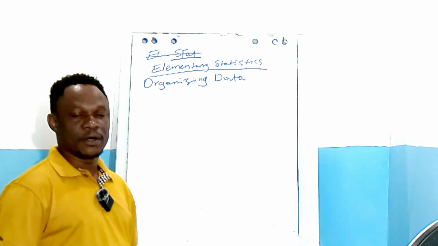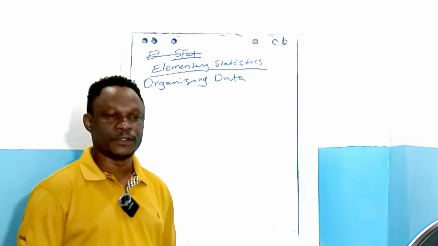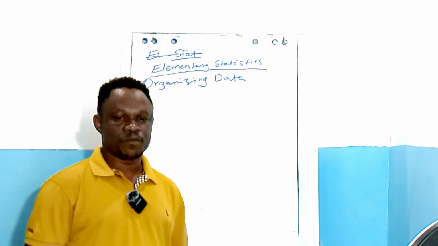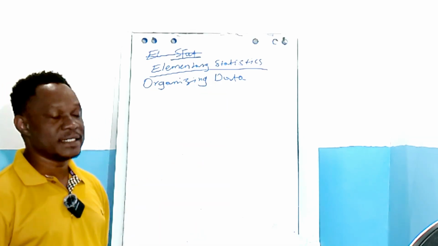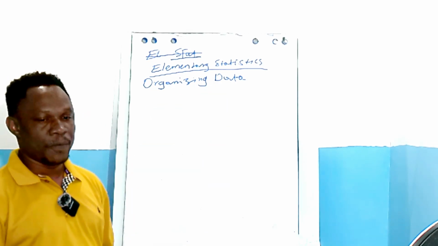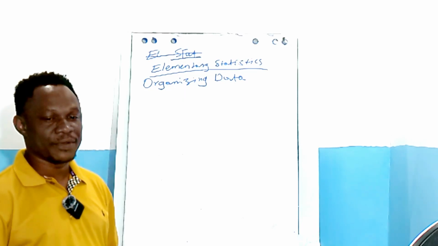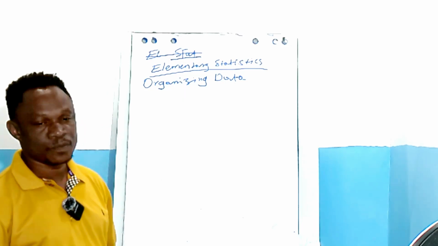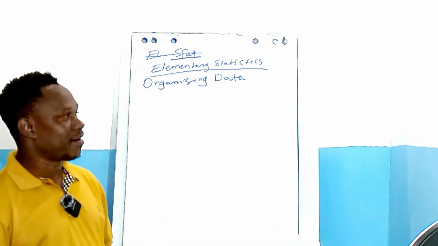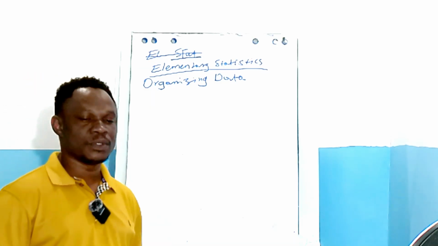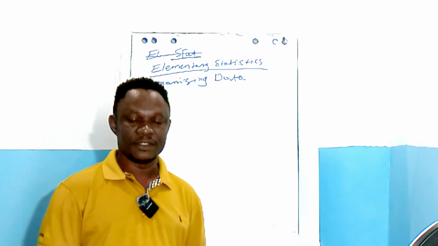Hello, class, and welcome. Today we'll be going through elementary statistics of organizing data. We'll be looking at how, when you collect raw data, you can organize it into some tables and graphs so that you can make sense out of the data.